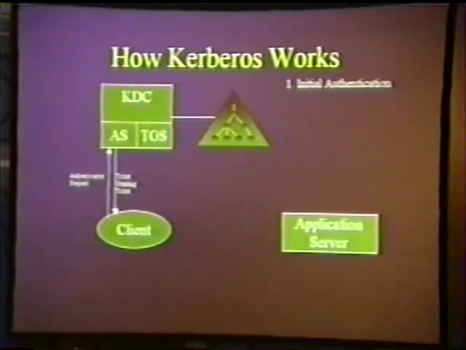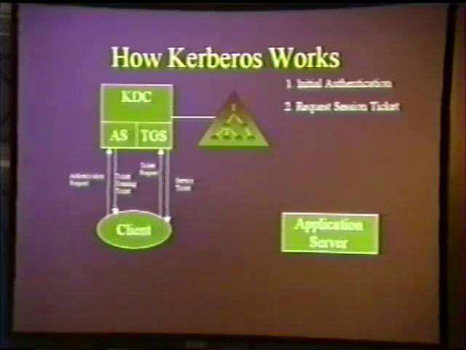So the next thing it's going to want to do is hook up to this application server, say a print server or something like that. It sends a ticket request to the ticket granting service saying that it wants to talk to this server right here. The first thing the KDC does is look up in Active Directory whether it's responsible for it or not.